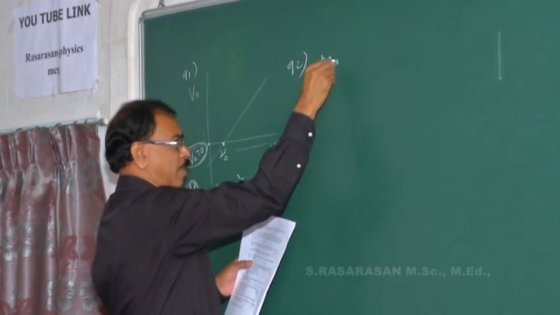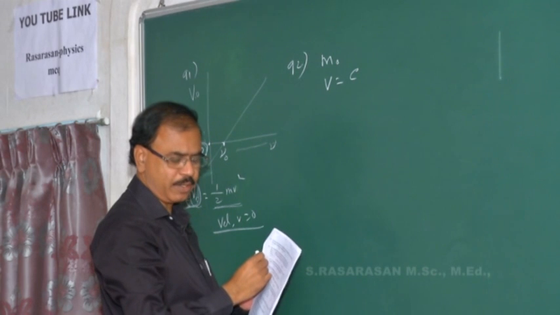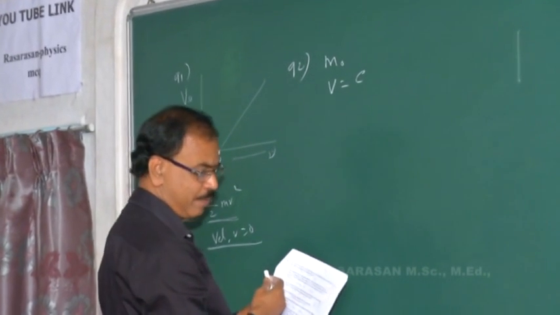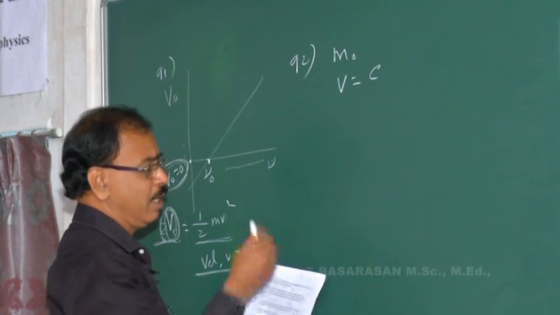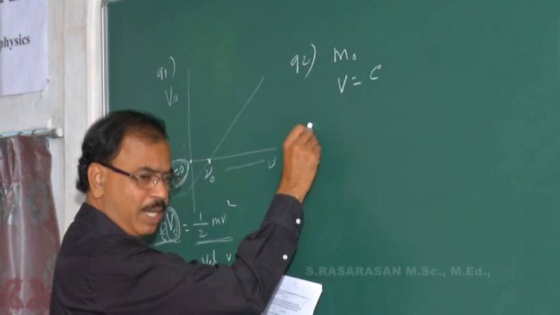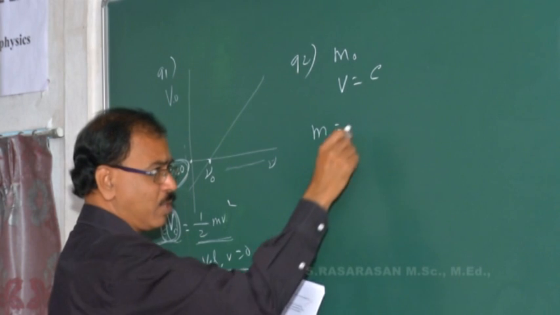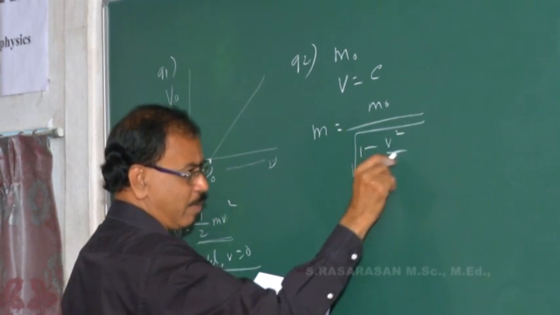m naught is the rest mass. If the particle attains the velocity v equal to c... a very high velocity is called a relativistic velocity, but here they say the particle attains the velocity of light. Therefore, what is the relativistic mass? As per Einstein's proof, m is equal to m naught by root of 1 minus v square by c square.